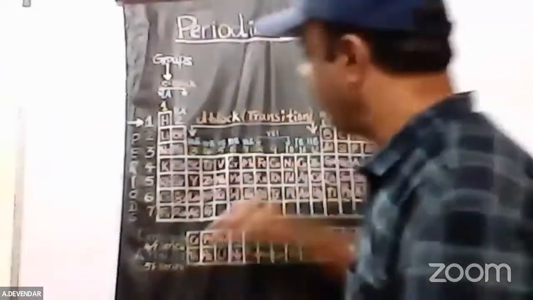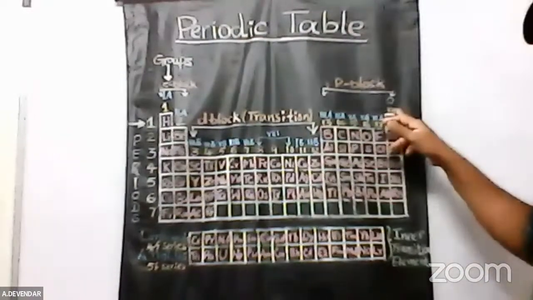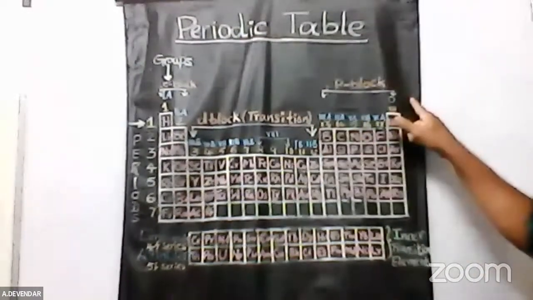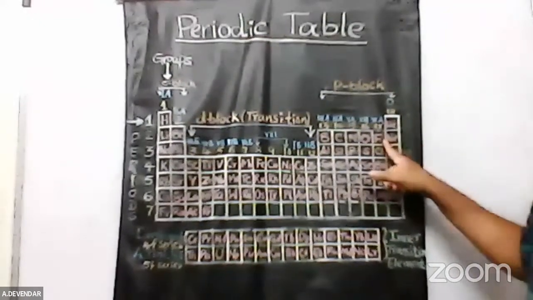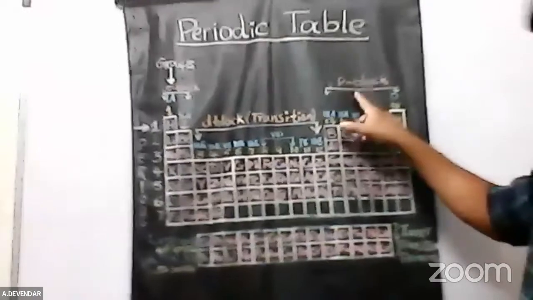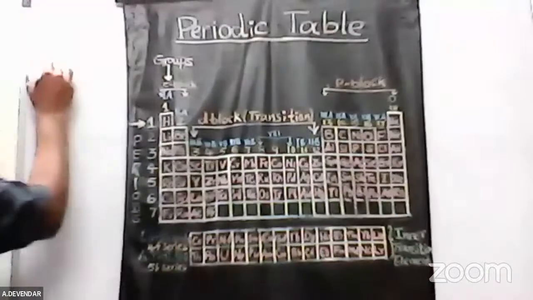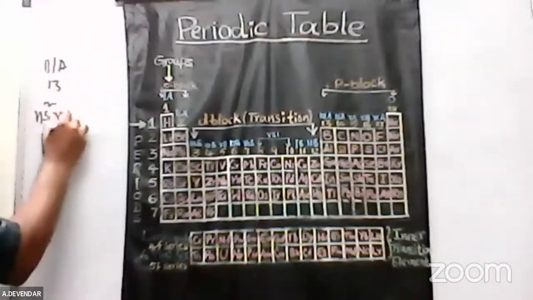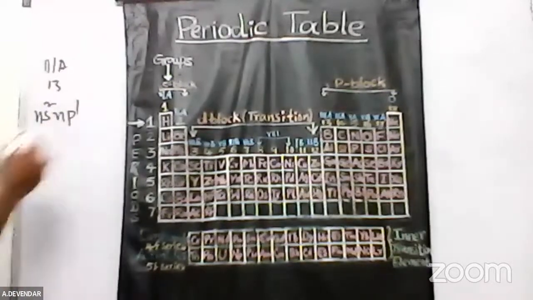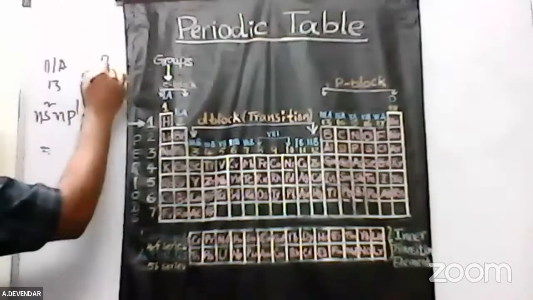Next, coming to the P block elements. The P block elements are present from group 13 to 18, or 3A to 0 group elements. These are called P block elements because the last electron enters into the P orbital. That's why these are called P block elements. The P block elements' general electronic configuration: this is the third A group elements, or you can say group 13. It is NS2, NP1. If you take the 0 group element, 0 group means the 18th group.